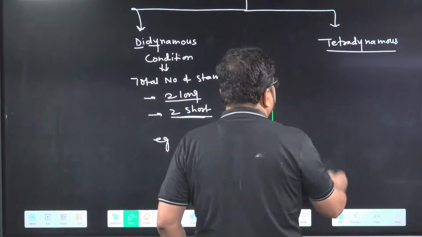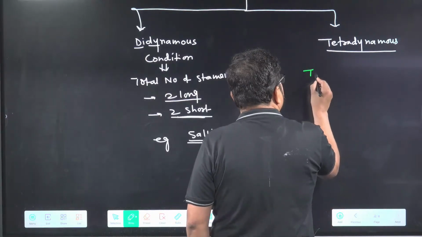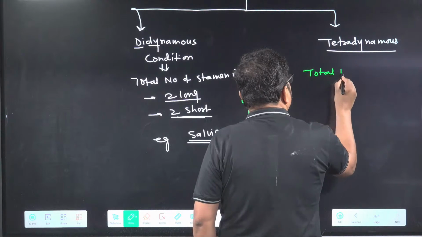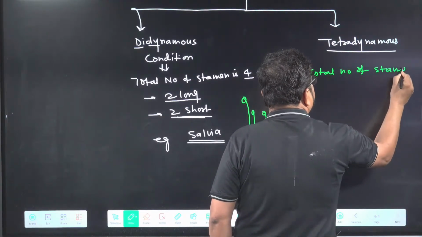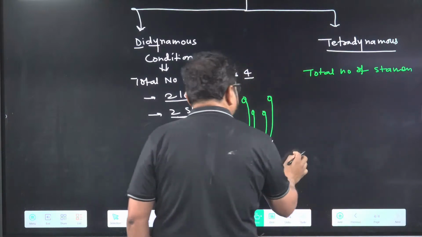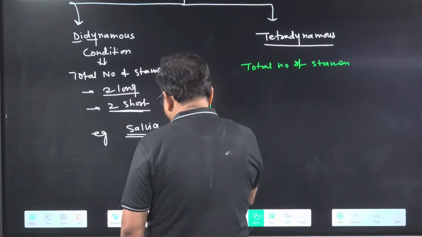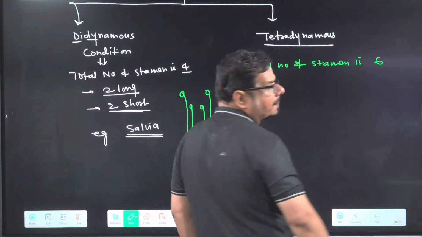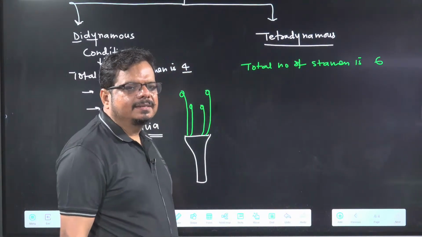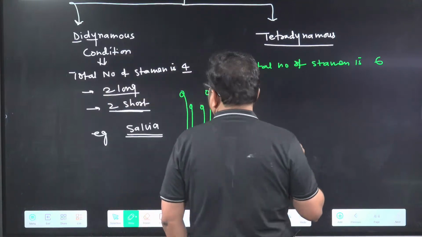Now I am telling tetradynamous condition. Here what happened? Total number of stamens: you can say easily, tetra and di. Tetra means 4 and di means 2. Total number of stamens is 6. Getting the idea or not?